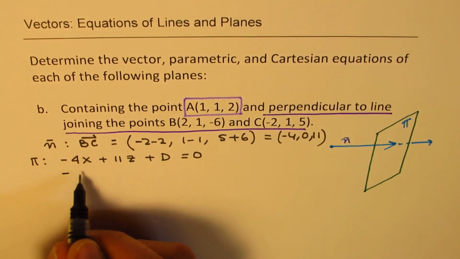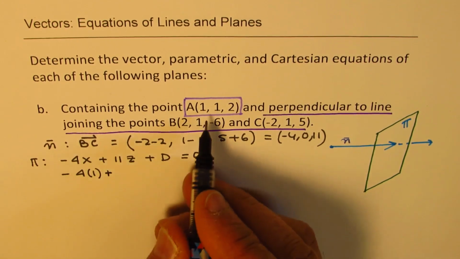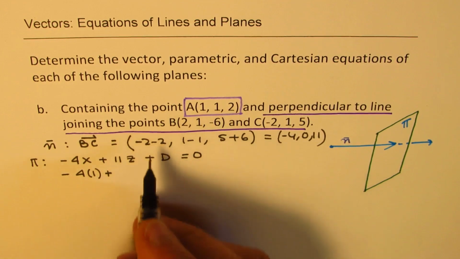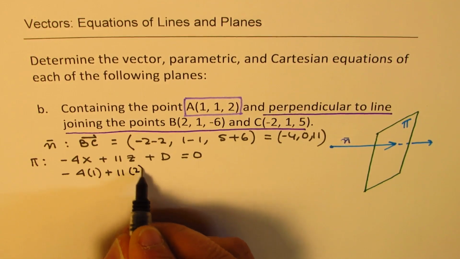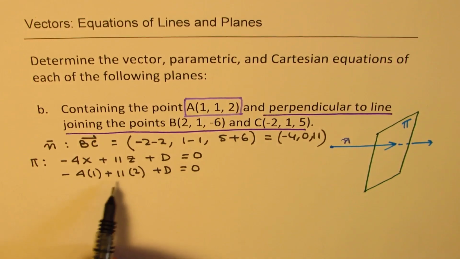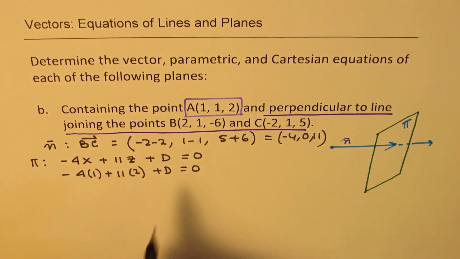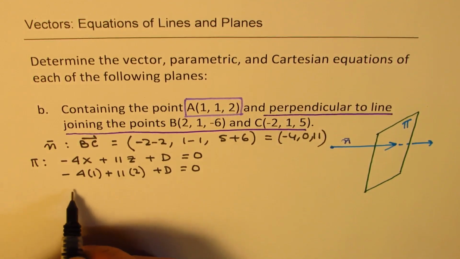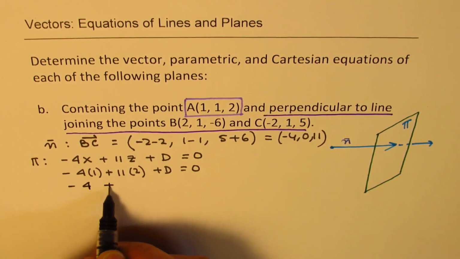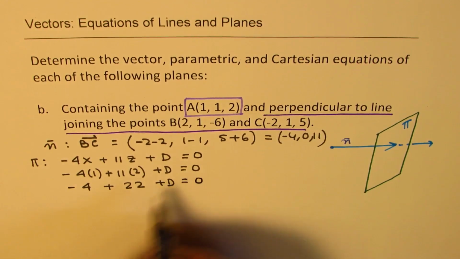So we get minus 4 times 1, plus 0 for the y component, plus 11 times 2, plus d equals 0. So let's write minus 4 plus 22 plus d equals 0.